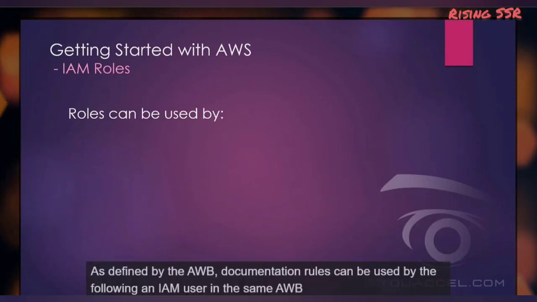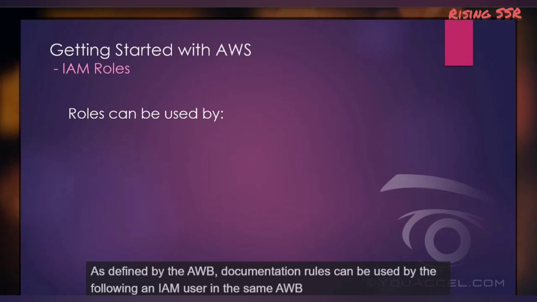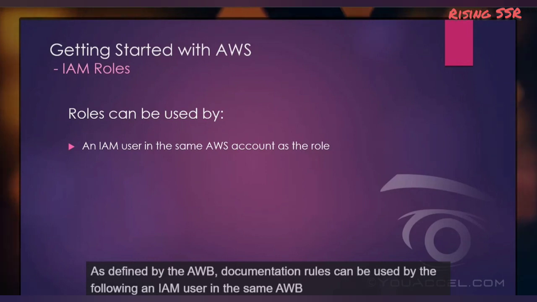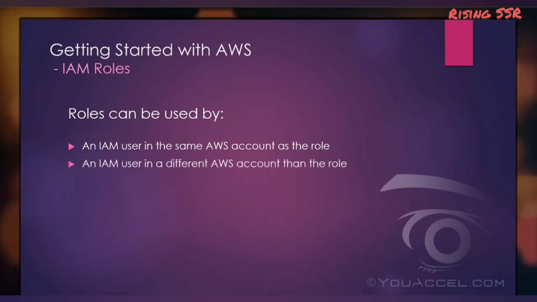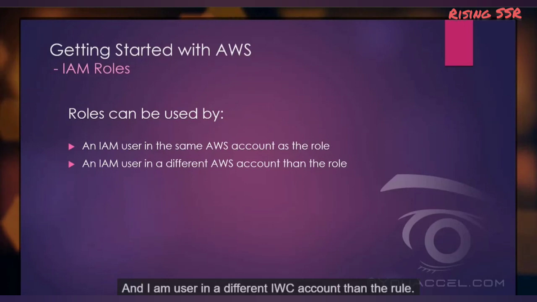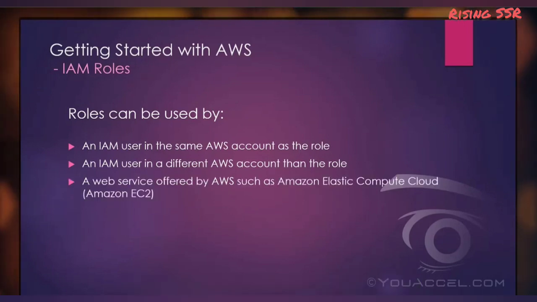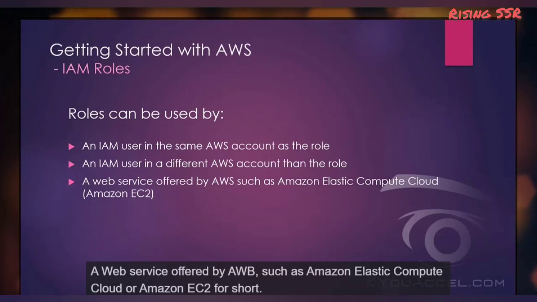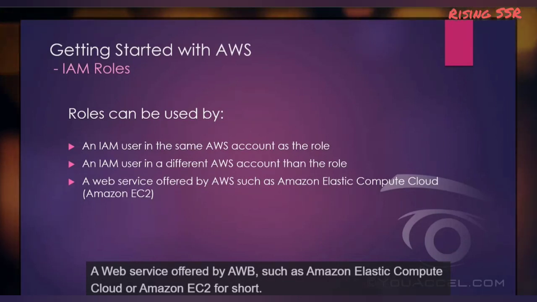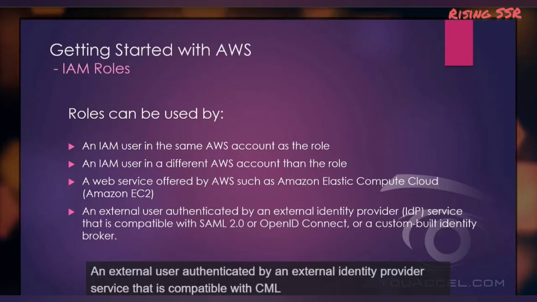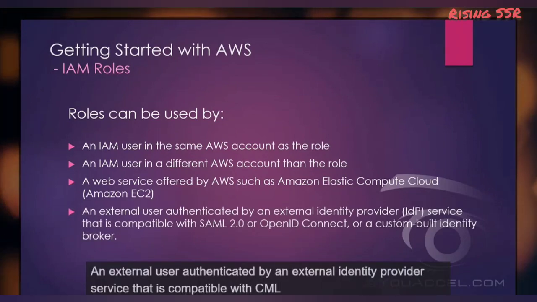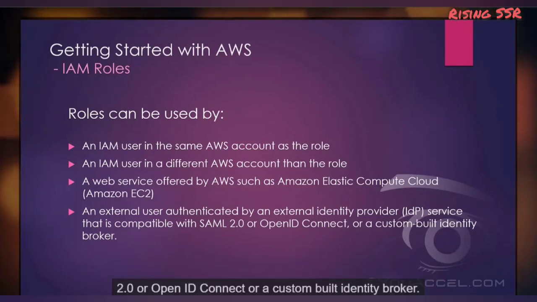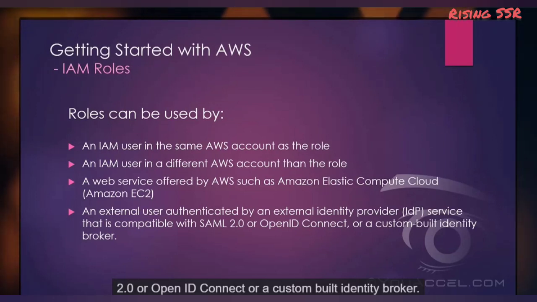As defined by the AWS documentation, roles can be used by the following: an IAM user in the same AWS account as the role, an IAM user in a different AWS account than the role, a web service offered by AWS such as Amazon Elastic Compute Cloud, or Amazon EC2 for short, an external user authenticated by an external identity provider service that is compatible with SAML 2.0 or OpenID Connect, or a custom-built identity broker.